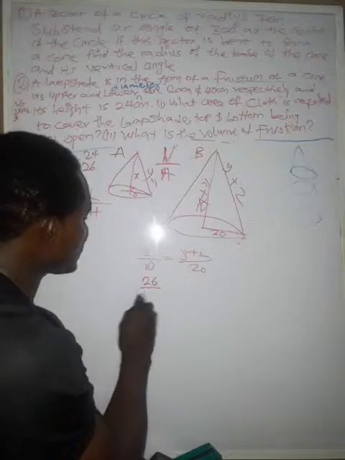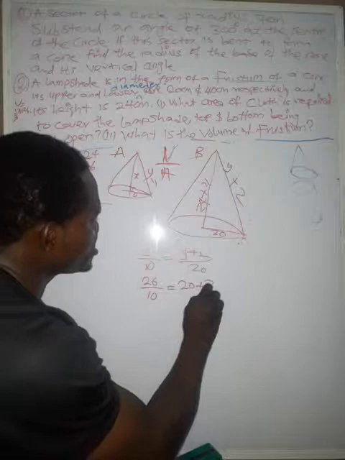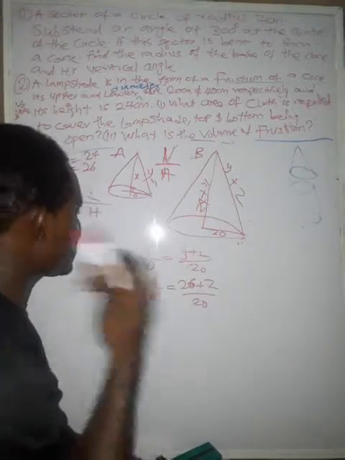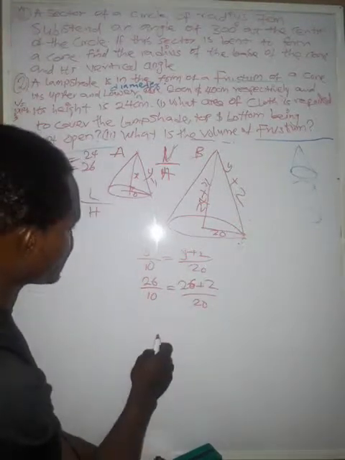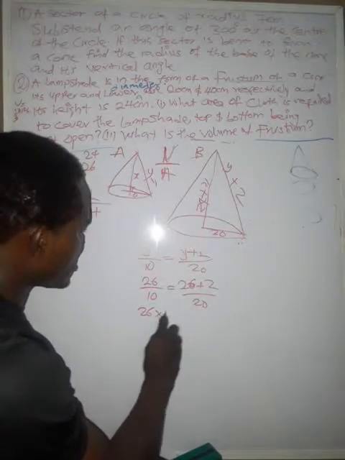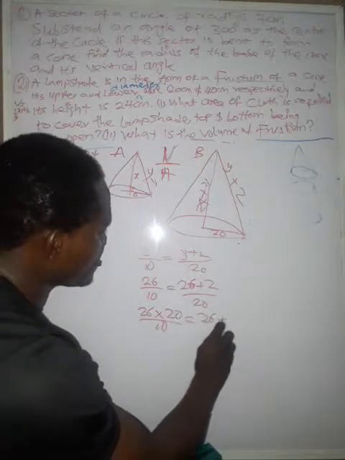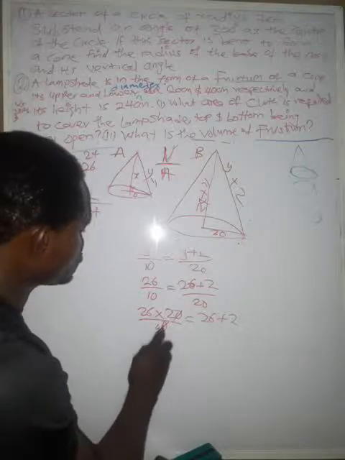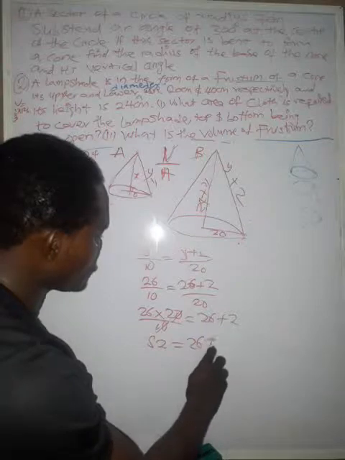So 26 over 10 equals 26 plus z over 20. If I multiply, I will have 26 times 20 over 10 equals 26 plus z.